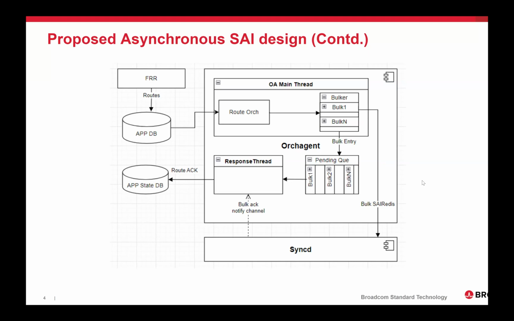So the other one, the application state DB, right? Today with the synchronous mode, we just program and report an error. Let's say you don't need FIP suppress related. You don't need to notify the route errors to BGP. In that case, we simply send it to the syslog and that's it. But with this one, we are introducing another copy of routes in the additional application state DB.